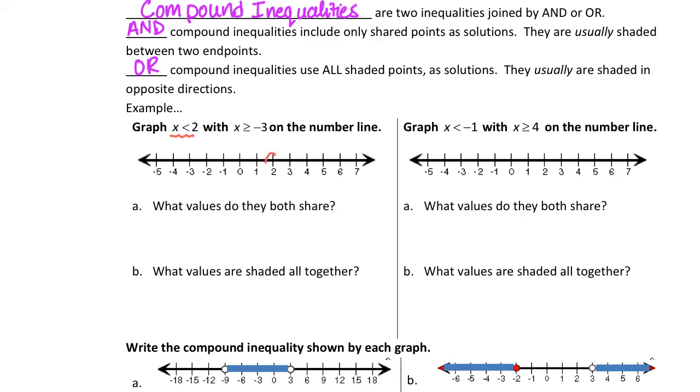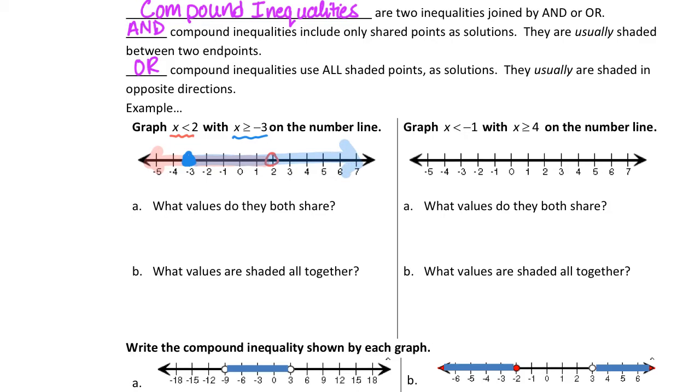So open circle at 2, and I'll use a highlighter to shade below that. I'll use blue to shade the other graph, so here's -3. It's a closed circle because there's an equal to. I'll use my highlighter and shade the other direction.